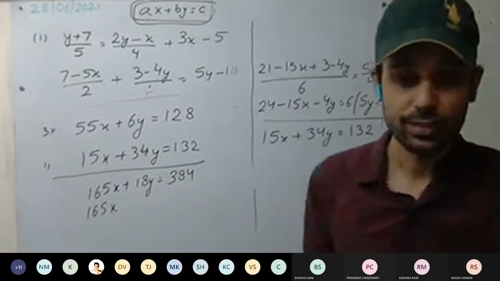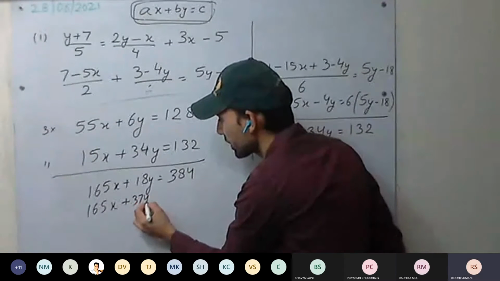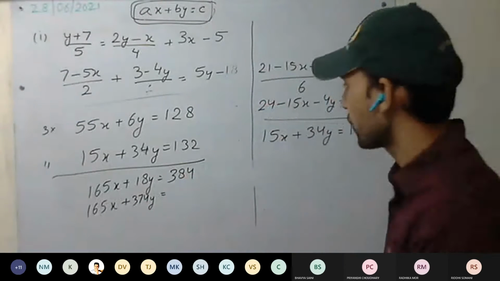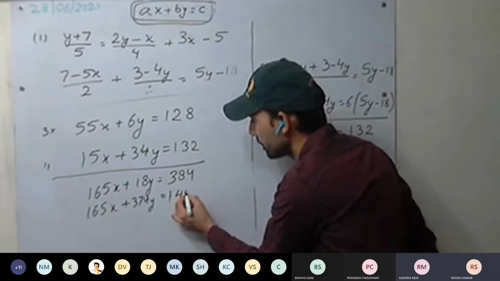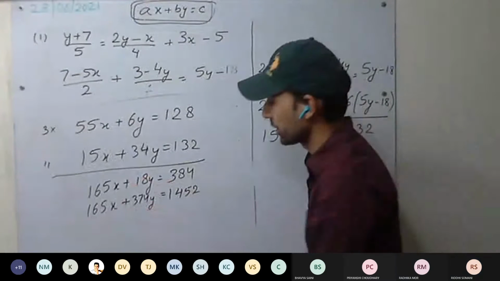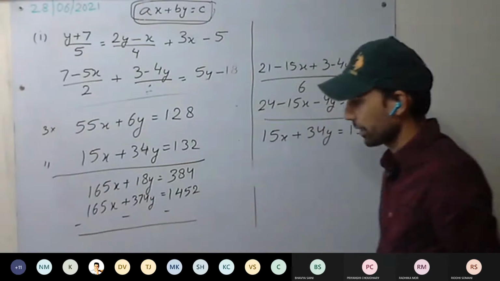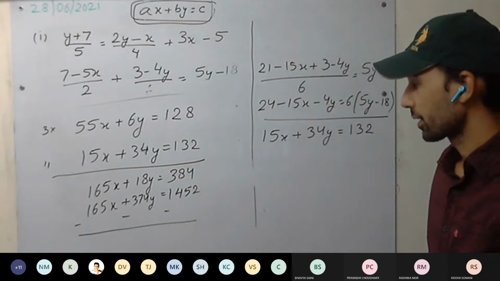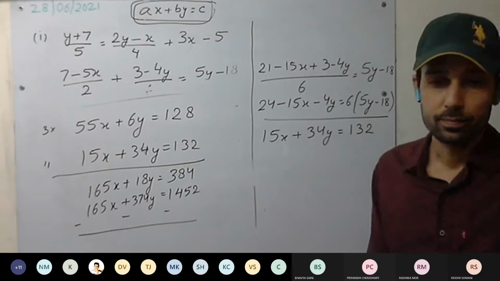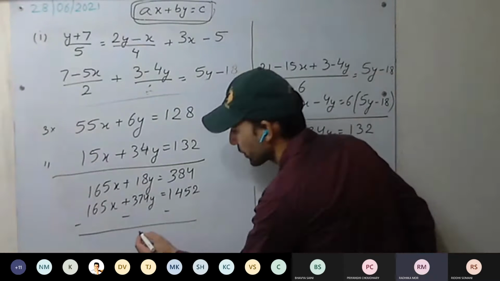And 34 into 11 is 374y, and 132 into 11 is 1452. Simplify now. Now we have to add or subtract. Subtract them, and get the value of y. So y is equal to 3, you will get.